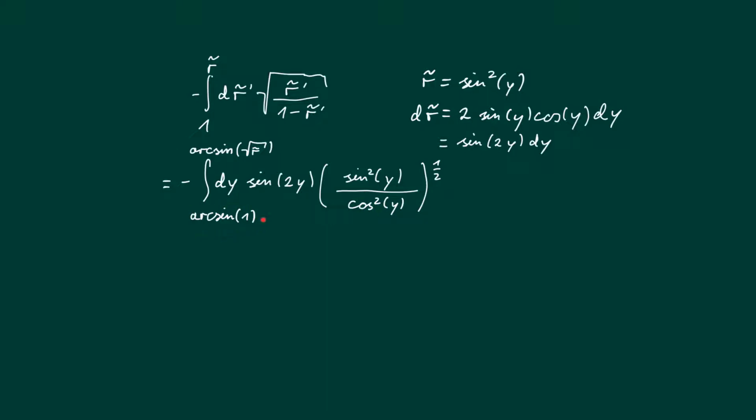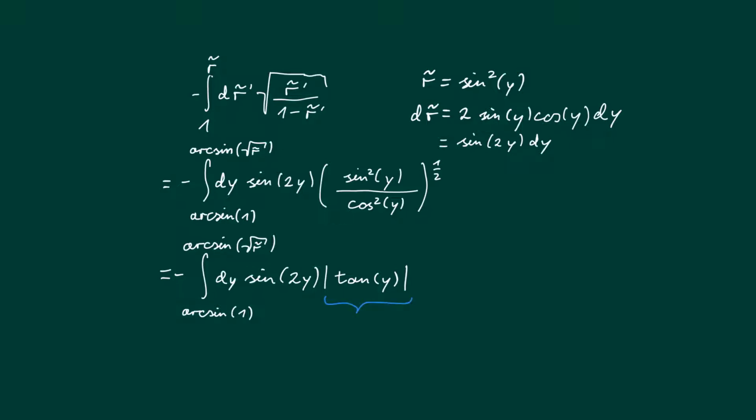And for the boundaries of the integral we have to take the inverse function of this one here, and let's further simplify this expression here. This is tangents squared, so when we take the square root we end up with the absolute value of tangents of y, and now one should check whether this factor here can be negative.